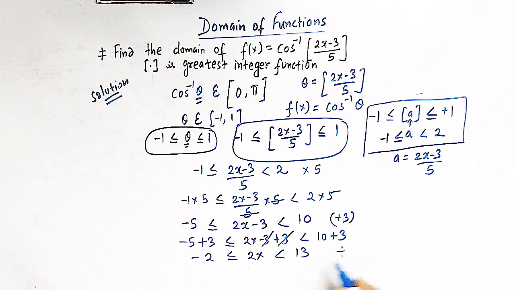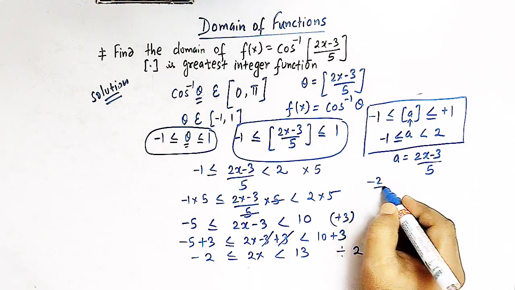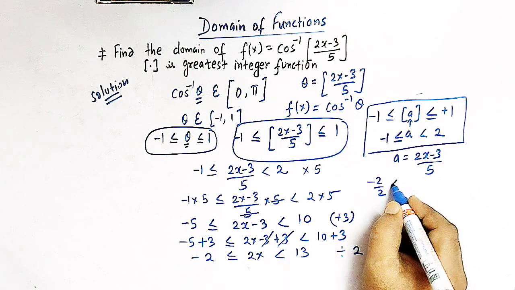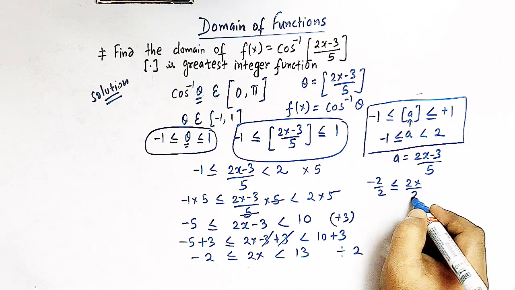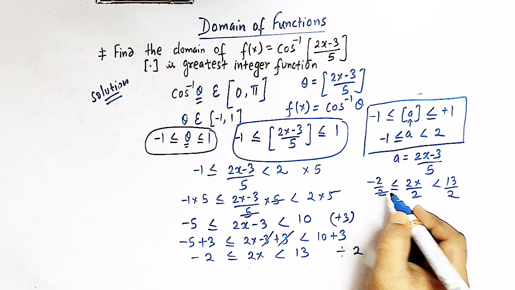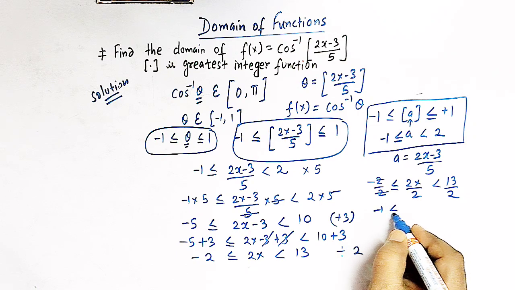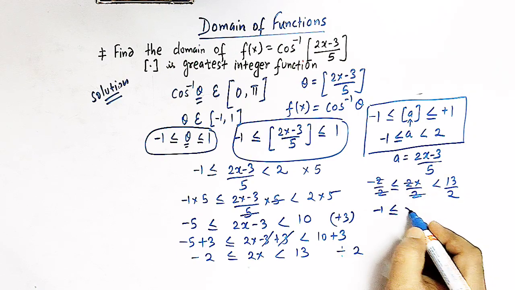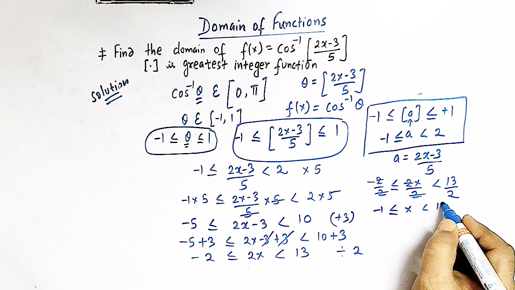Now let us divide throughout by 2. So we have minus 2 over 2, then 2x over 2, and 13 over 2. The 2 and 2 get cancelled, and here we have simply x.